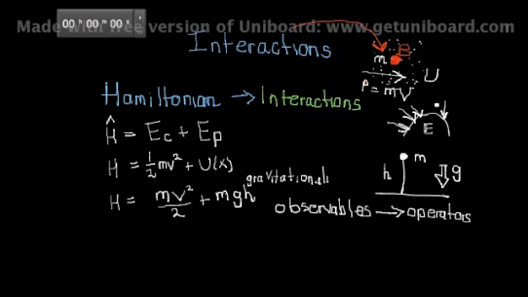So the operators and observables that we have here in this example are as follows: the momentum, that is P, is the observable. Now what we write will be written like this.